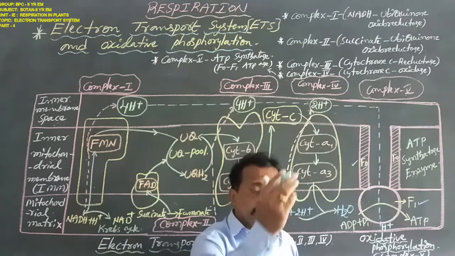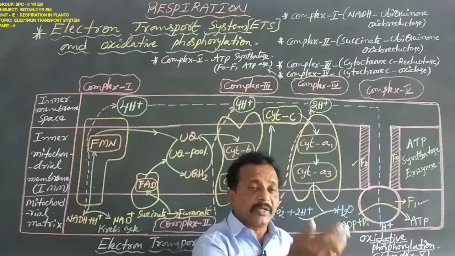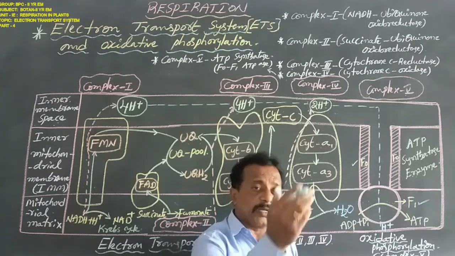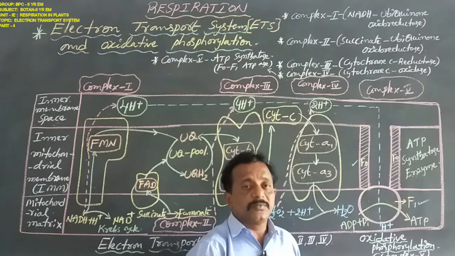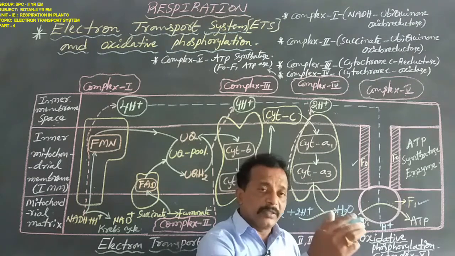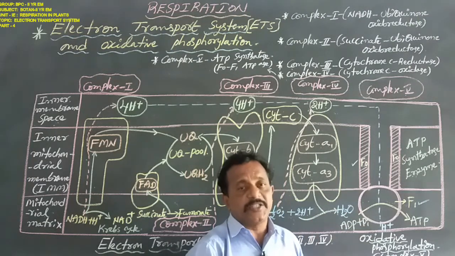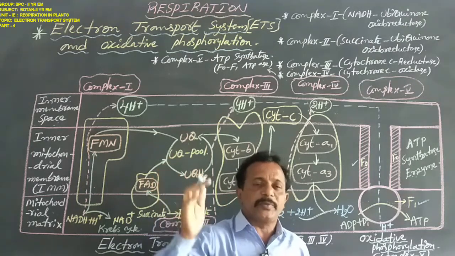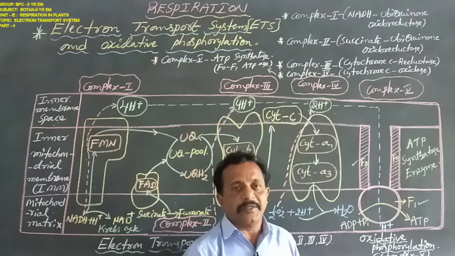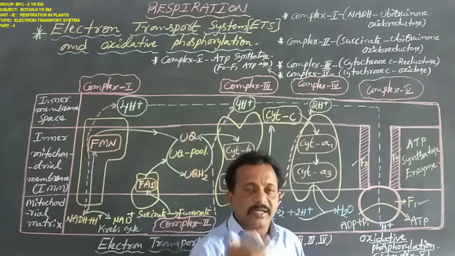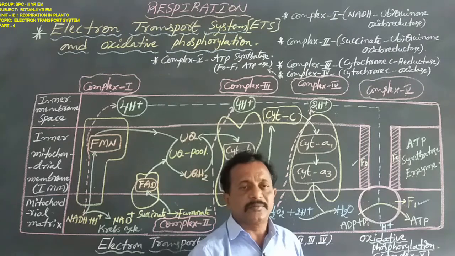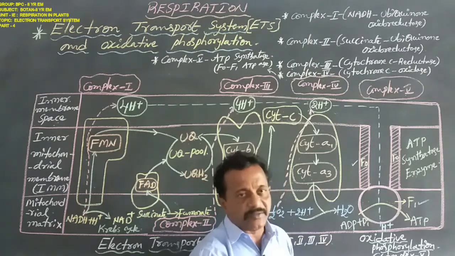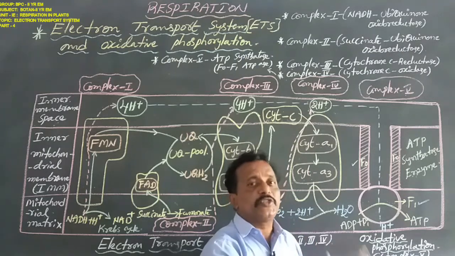At this time, the higher concentration of protons moves to the lower concentration of the stroma with the help of the ATP synthase enzyme. Similarly in mitochondria, the inner membrane space contains a higher concentration gradient, and the mitochondrial matrix contains a lower concentration gradient.